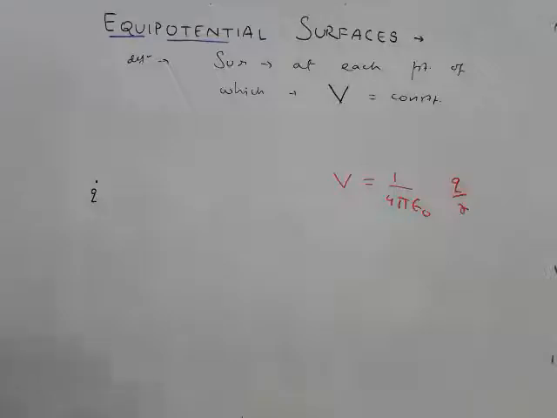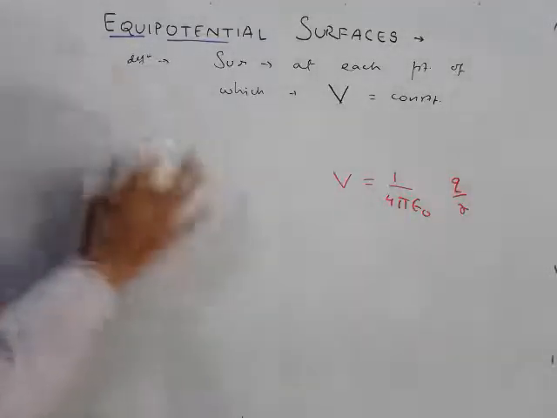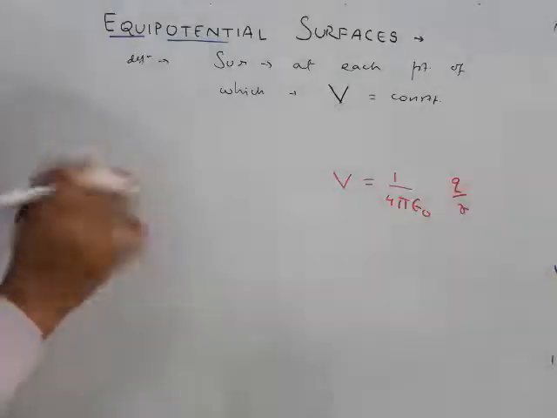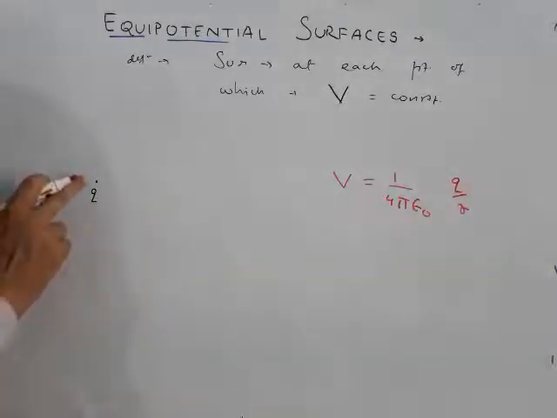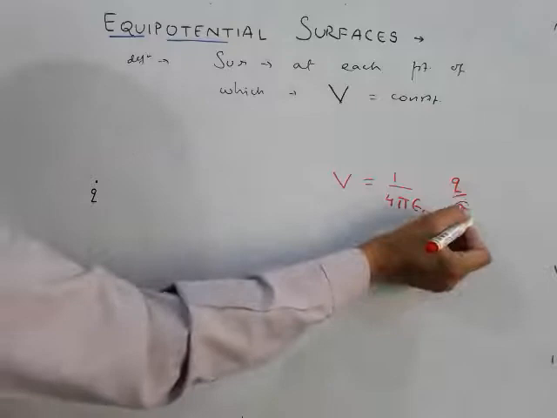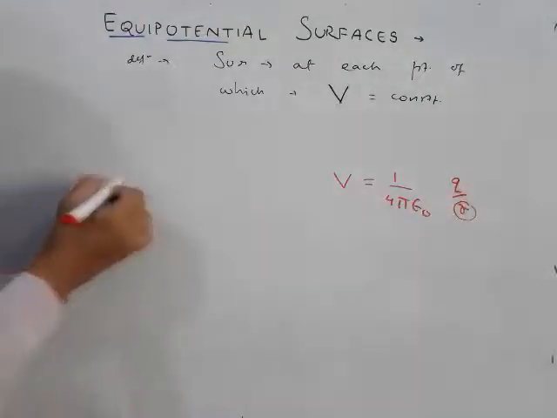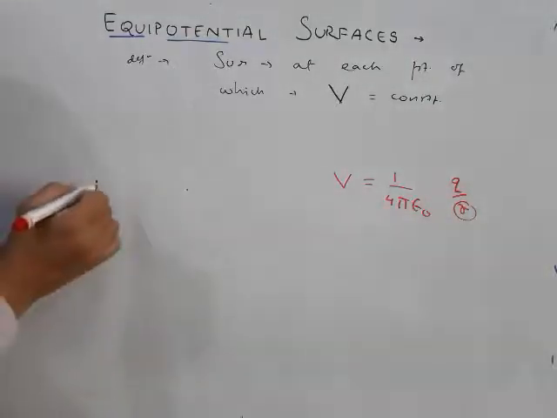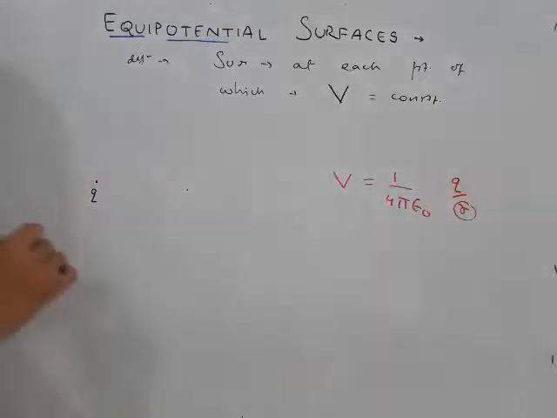If this is a point charge Q in space, don't think of it on a plane, think about this point charge in space, then its value of potential at some distance r from it. Now we can choose distance r over here, this point, this point, this point, this point.